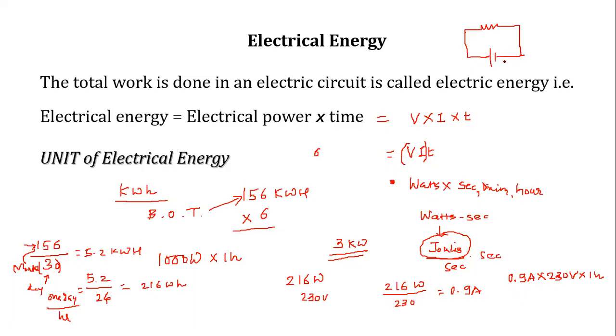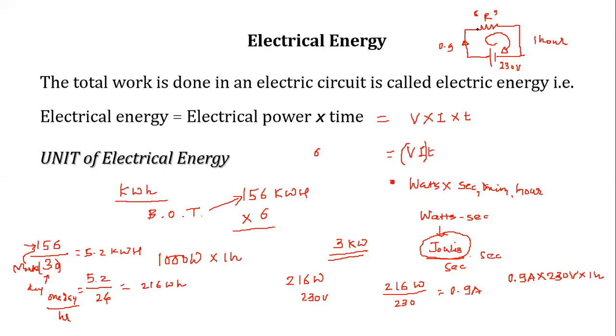This is the 230 volt you are applying, and whatever the load is, a load means something which consumes electrical energy and converts it into mechanical energy or heat energy, right? In electrical engineering we call it a load. All home appliances are termed as loads. So we are getting 230 volt, and it takes 0.9 ampere current, and this continues for 1 hour.